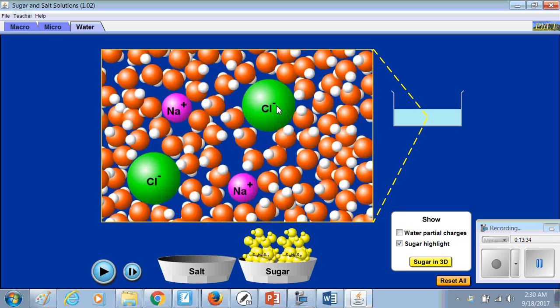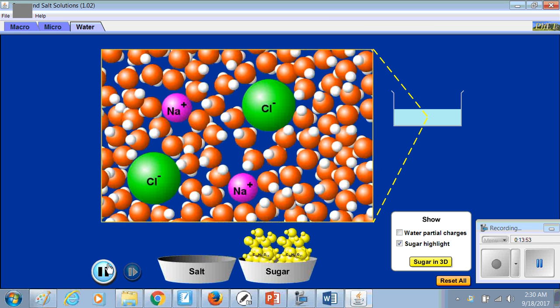Whereas the chloride ions, the water will orient itself so that the hydrogen ends of the molecule are close or facing that negative ion, and the oxygen end of the molecule is away from that ion.